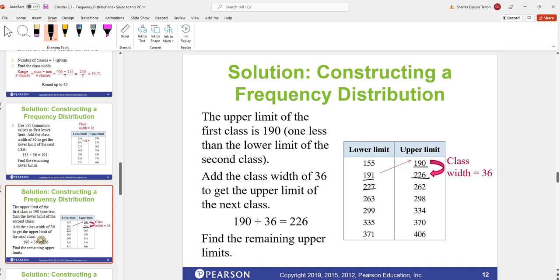But now that you have a couple of the upper limits, you can add 36, which is the class width. If I add 36 to 226, that gives me 262. Add 36 to that, that gives me 298, and so on. So now I have all of my upper limits.